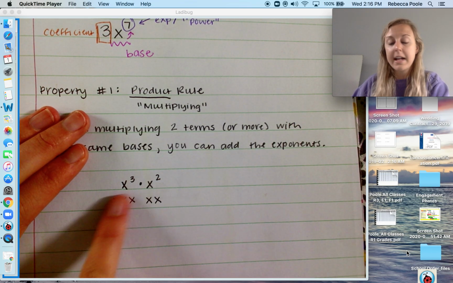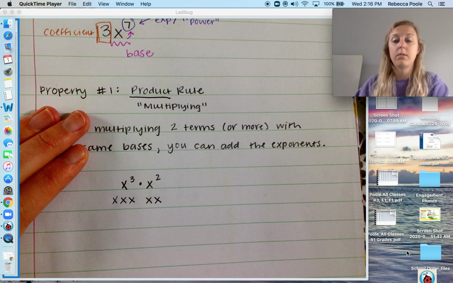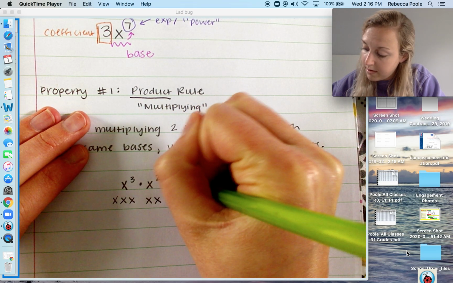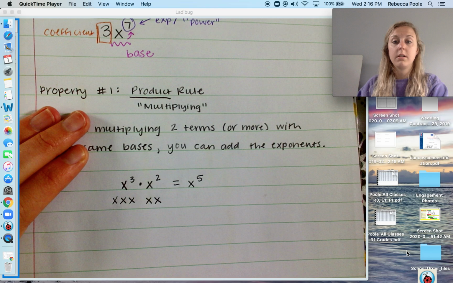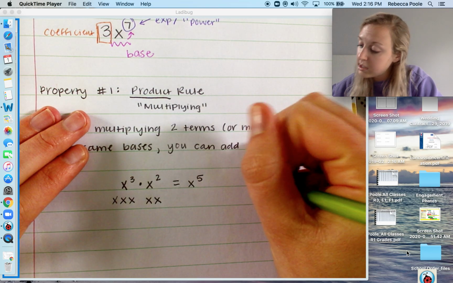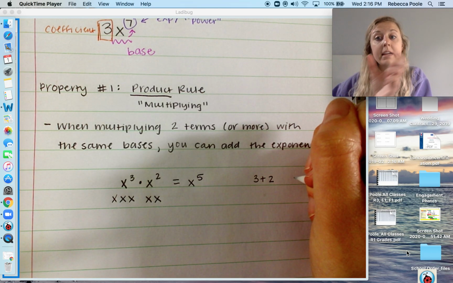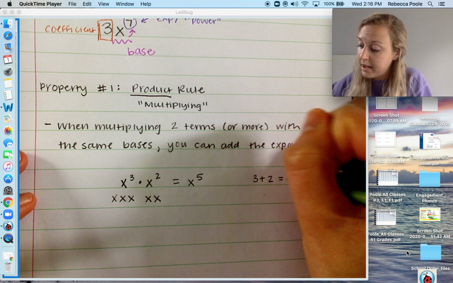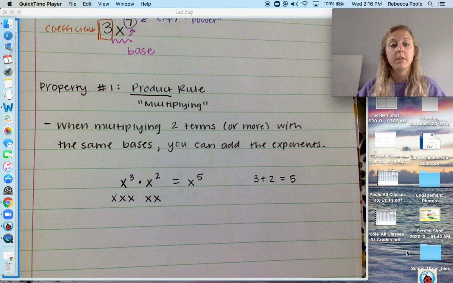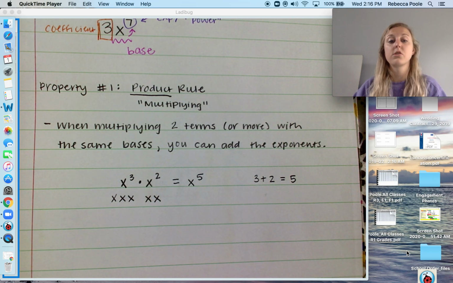So how many x's did I just draw out? 5. And the reason that this works is because 3 x's adding on 2 more to go with them will equal 5. So x to the third times x squared is actually x to the fifth.